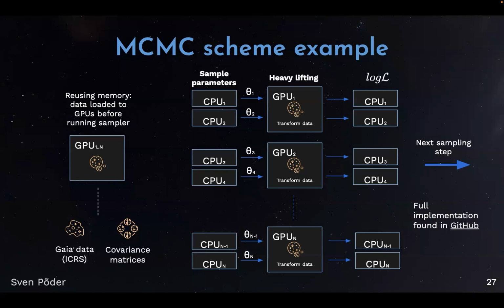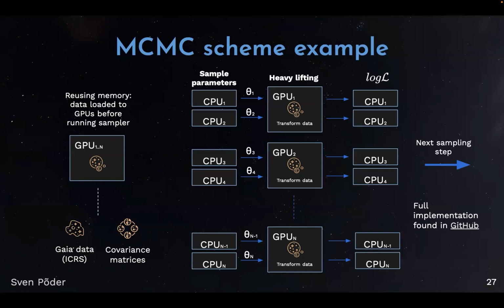So a queue is formed beforehand in order to work as efficiently as possible. So each CPU has one specific GPU that they would be using at all times. So this is an organized way to do this.